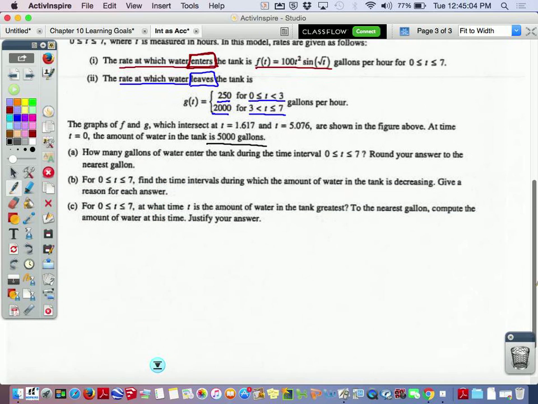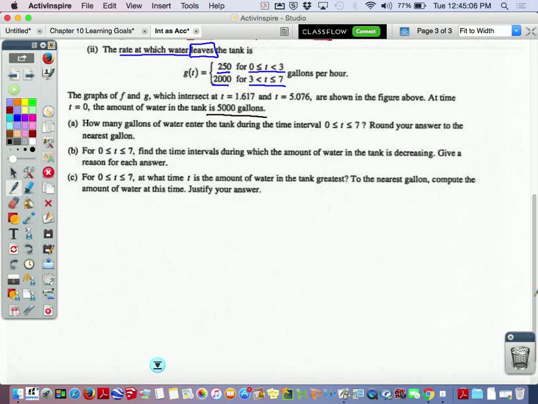Part A says, how many gallons of water enter the tank during the time interval from 0 to 7? Now specifically, this question is saying, enter the tank. Because it's saying enter the tank, we are only concerned about the function f of t on the interval 0 to 7. Then it says round your answer to the nearest gallon.